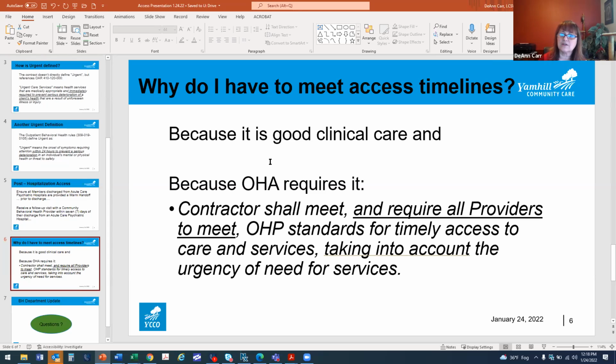That's why that's underlined, that obligation that the CCO has, that we pass on to our providers, saying we've got to have timely access, and we've got to make sure that it takes into account the realities of the clinical presentation and of the circumstances, whether someone is a priority population or not, whether it involves opiate use, children and their families. There's language that really talks about the most immediate access you can get for them.